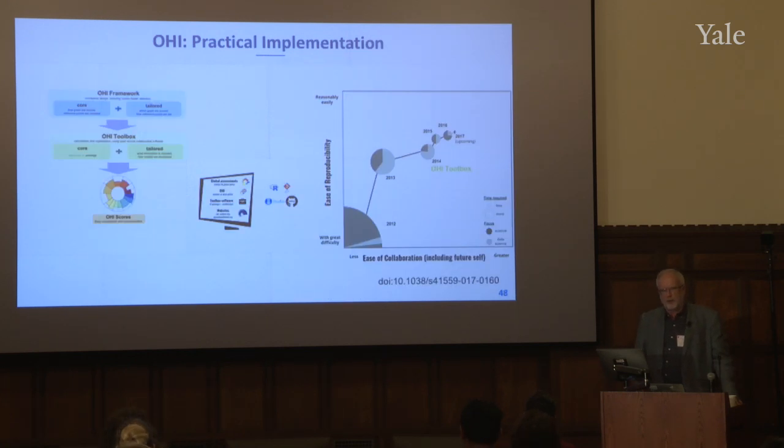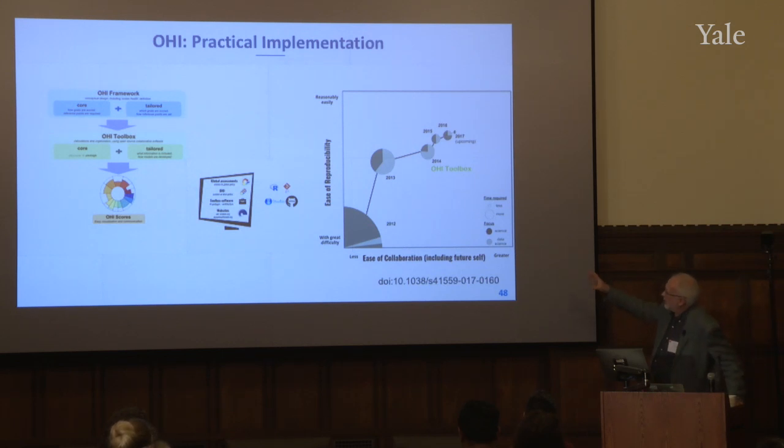So they developed their framework, the scientific framework. That led to a specific toolbox that was used to, again, generate this Ocean Health Index for all of these 250 plus or minus areas on an annual basis. And the important thing I wanted to illustrate here is on the right, which is the ease of collaboration with respect to creating this annual Ocean Health Index.